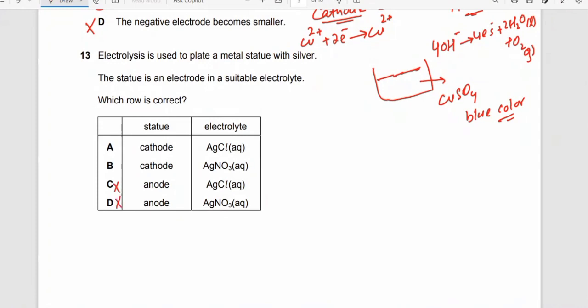And the next thing is that with silver we need silver. Silver chloride aqueous and silver nitrate are used to plate a metal statue with silver. The statue is an electrode in the suitable electrolyte. Which row is the correct? Cathode is the statue, and then we have silver chloride and silver nitrate.